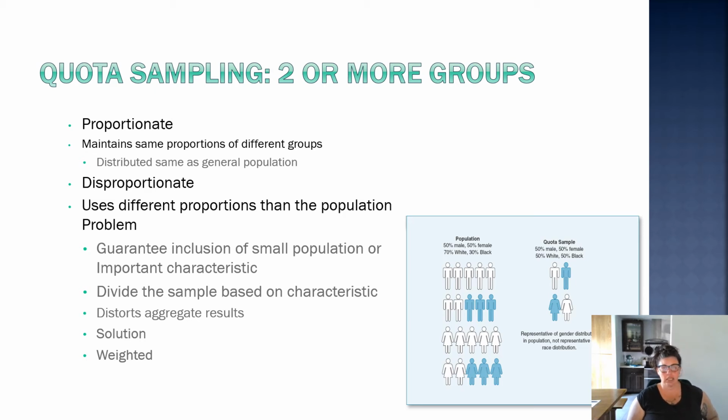However, sometimes you're doing quota sampling for 2 or more groups, but those groups are disproportionate from the general population. Let me give you an example. Say, for example, your research is on people who fall while living in nursing homes. You're going to nursing homes, and approximately only about 3 to 5% of the people who live in nursing homes have had a fall recently.